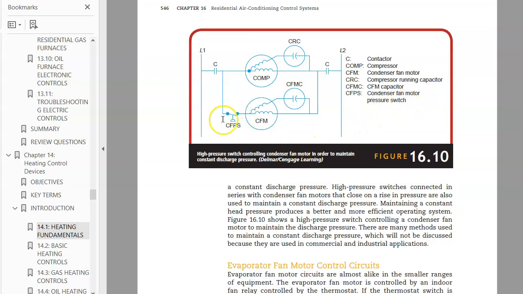Its function is to maintain the same pressure, so that when the pressure is achieved, the condenser fan motor will operate. If the pressure is not achieved, the condenser fan motor will not operate. This is to have good efficiency.